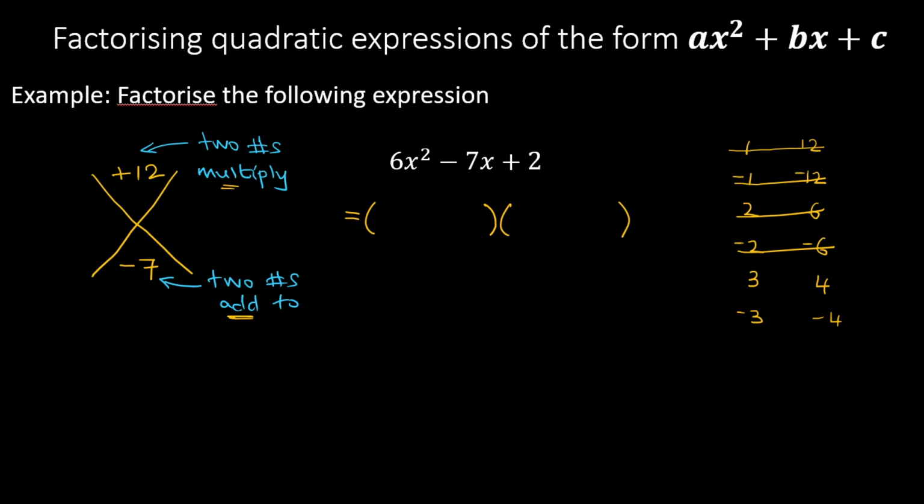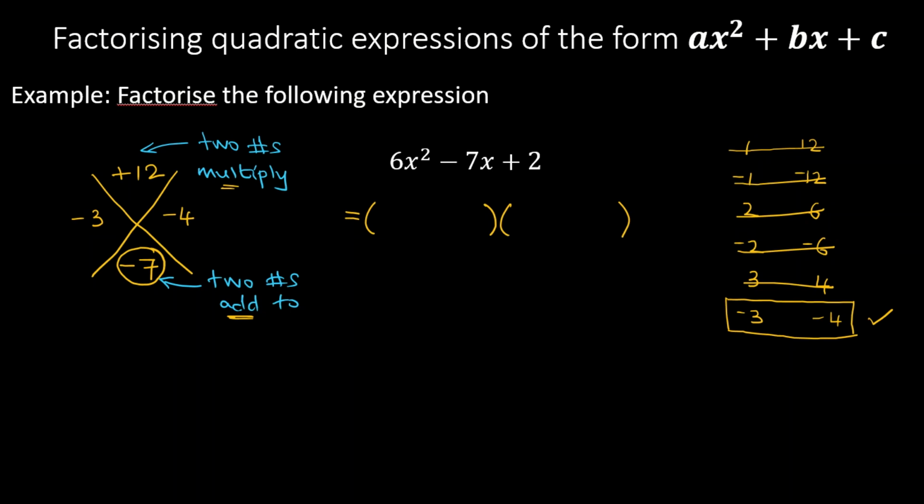This gives positive 7, but we are required here negative 7. Still no. It should be this one, negative 3. When you add with negative 4, it gives negative 7. Right? So we select this possibility. We write it here, negative 3, negative 4.